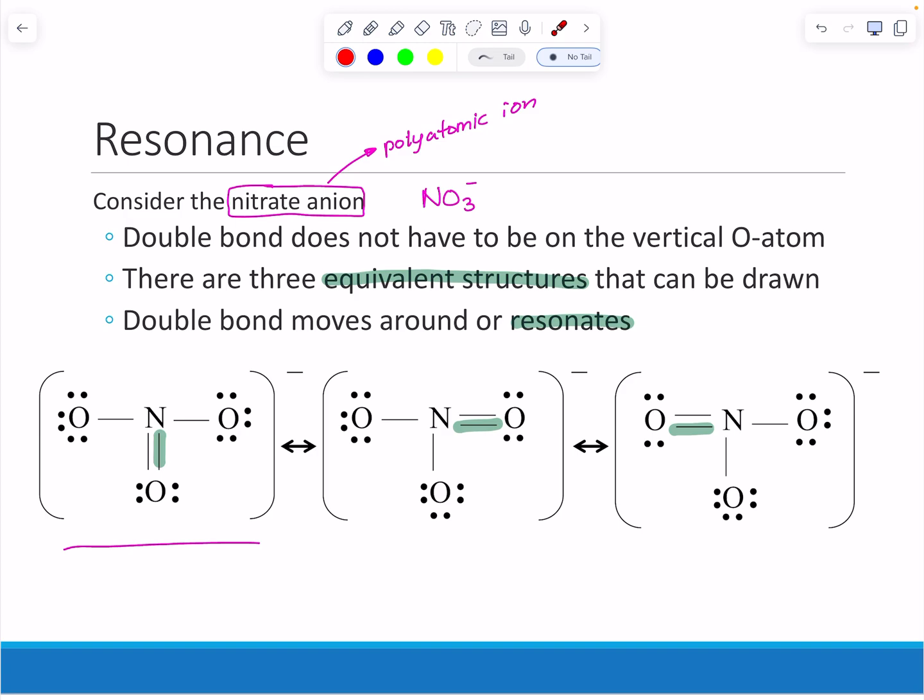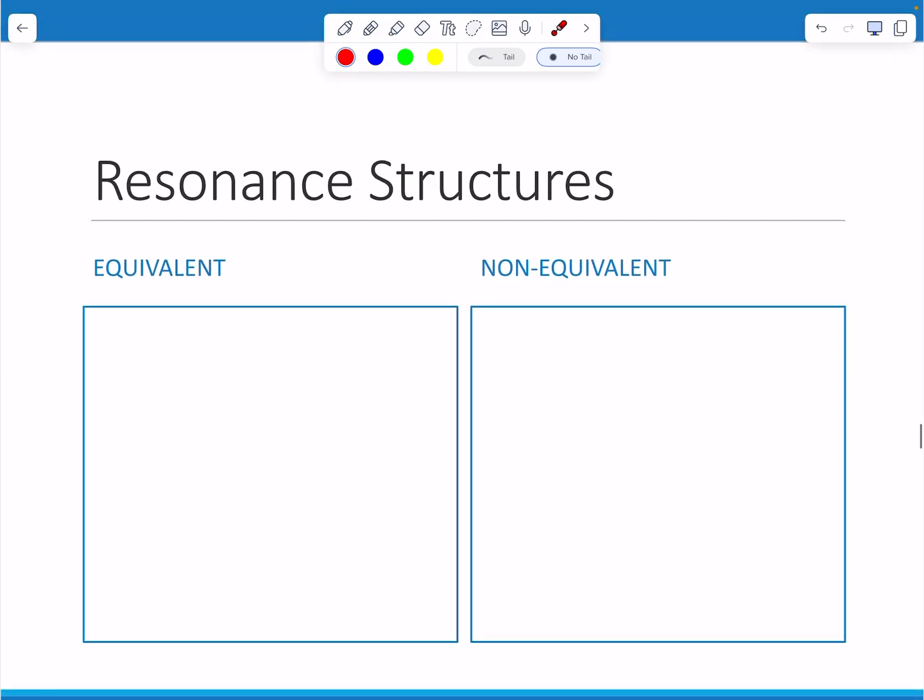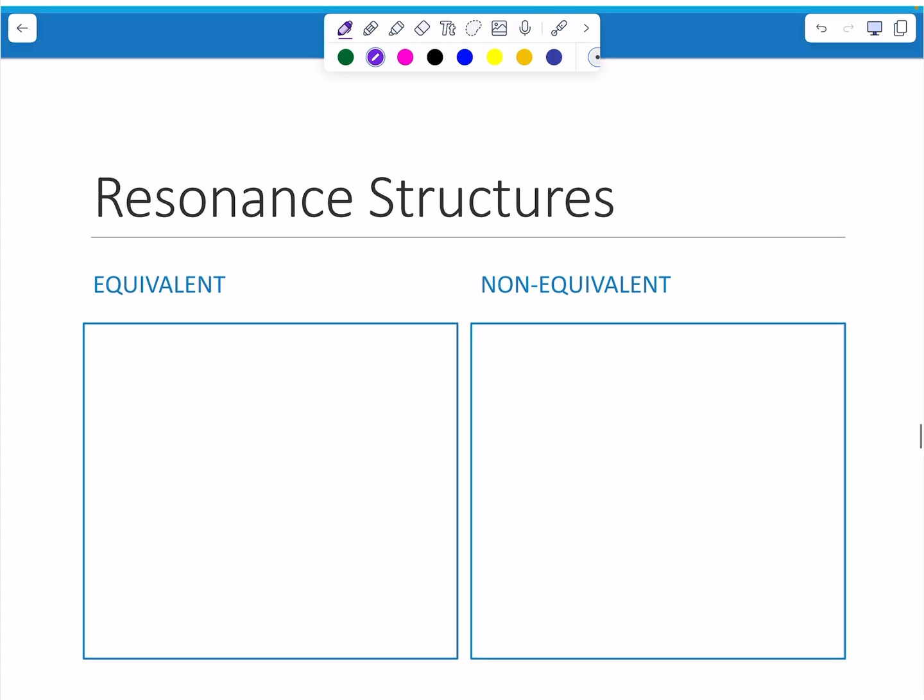All right, so molecules like NO3 have this feature called resonance. So let's do an example of a molecule where we have resonance. We're going to look at one example where we have equivalent resonance structures and one where they're non-equivalent. Equivalent means they're all the same.